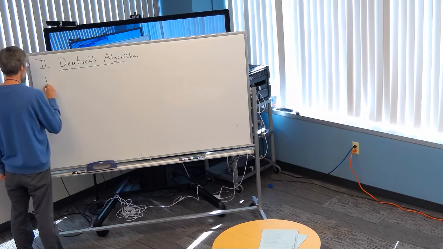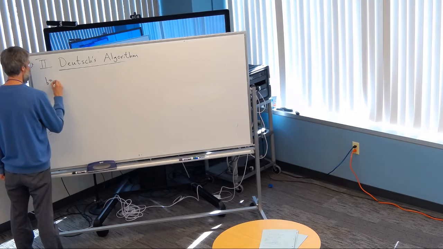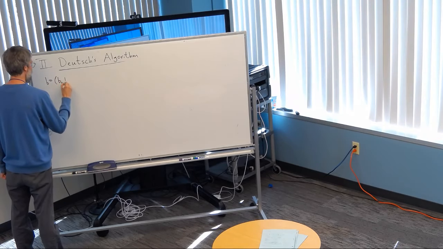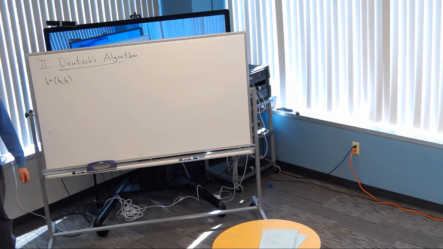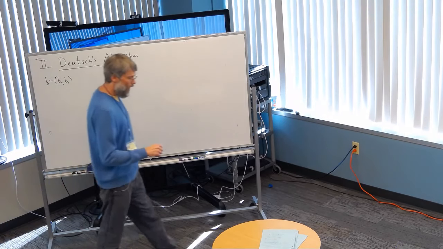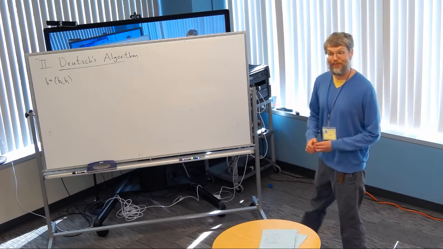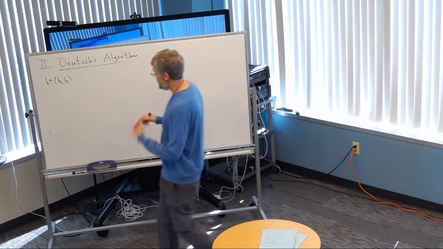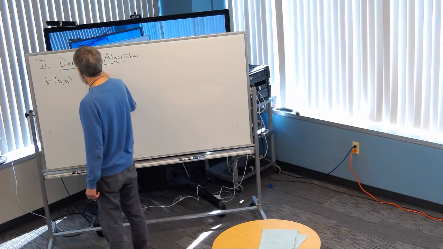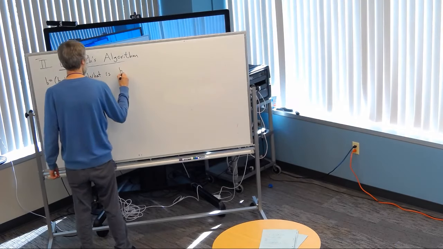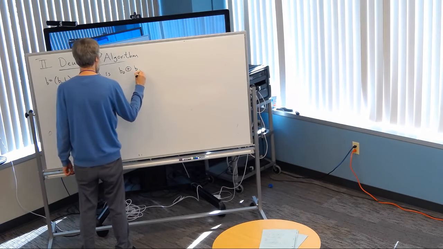I'm thinking of 2 bits, B0 and B1. And I want you to tell me what the mod 2 sum of those 2 bits is, the exclusive OR of those 2 bits. So what is B0 plus B1?